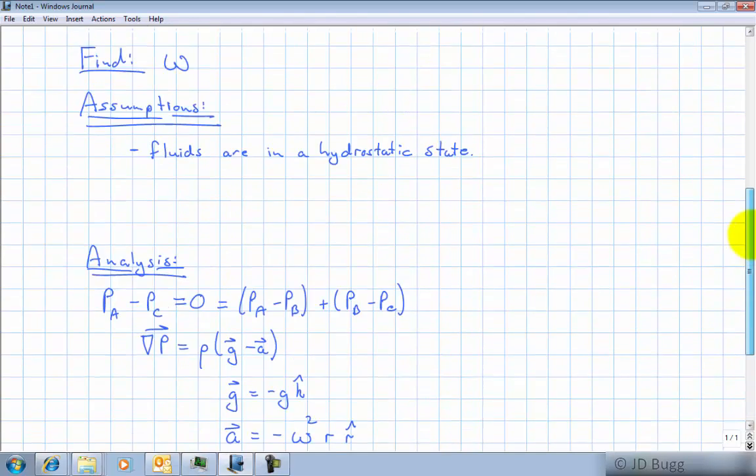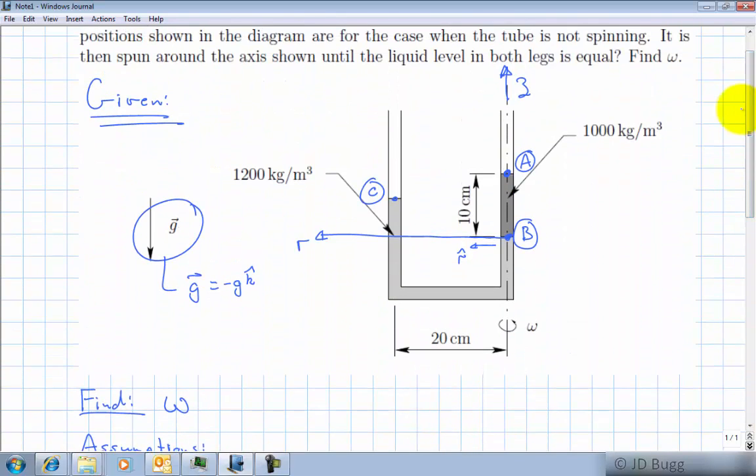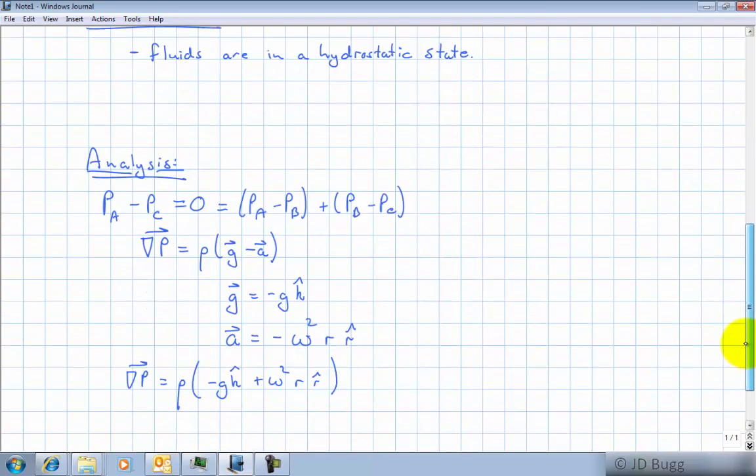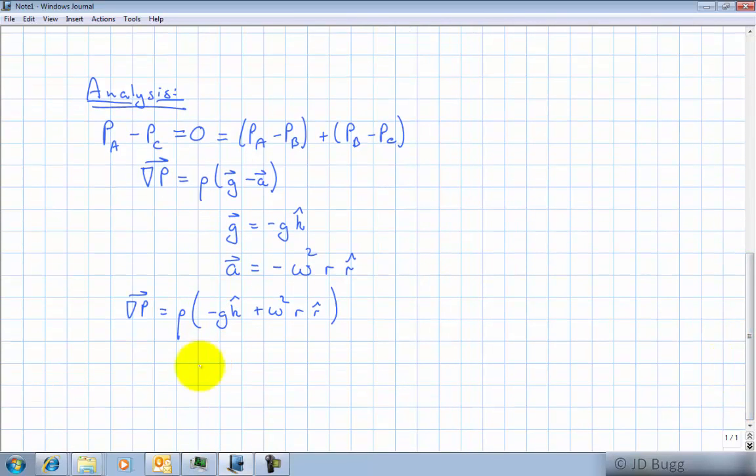Now, the dr that we want to talk about here, notice that the plane that we're looking in here is an RZ plane. So as we move in this plane, we're always going to be moving in the r or z direction. So we define our position vector dr just as being equal to dr in the r direction plus dz in the k direction.